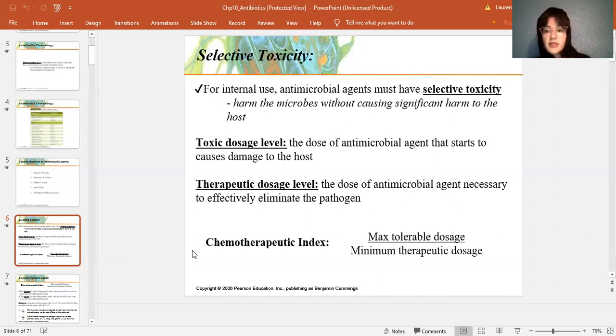So the most a person can take before harm starts is 40 grams, but it still takes 30 grams for it to do anything. You see how that is now, let's see, 40 over 30. I cannot do simple math in my brain. It's about 1 1/3. So 1 1/3 is the chemotherapeutic index. I probably could have picked an easier number, but you see how we have 100 versus 1 1/3?